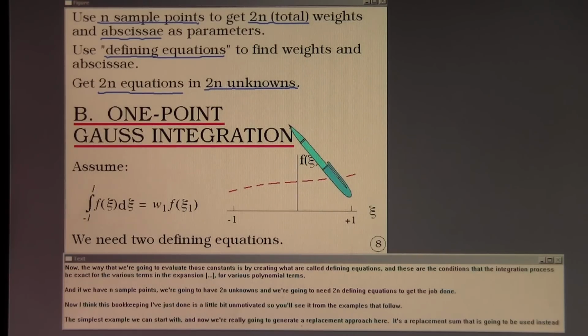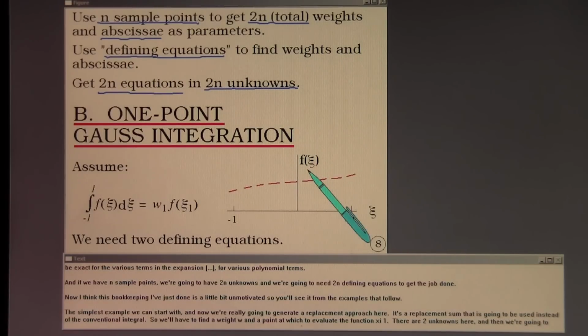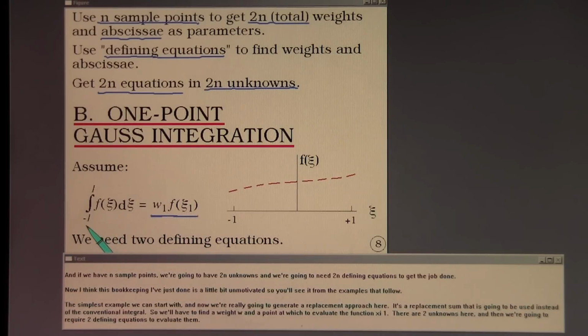The simplest example we can start with, and now we're really going to generate a replacement approach here. It's a replacement sum that is going to be used instead of this conventional integral. So we'll have to find a weight, w1, and a point at which to evaluate the function, xi1.